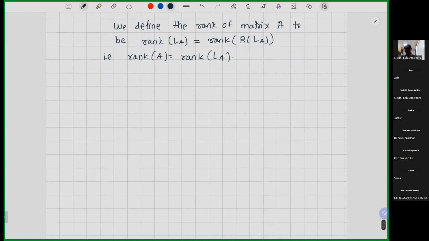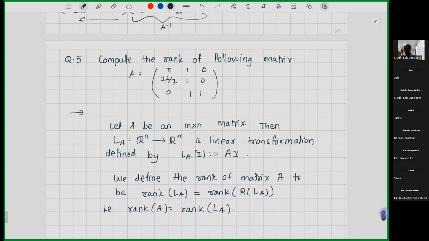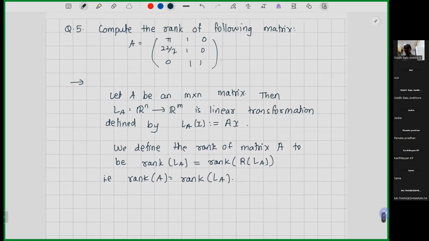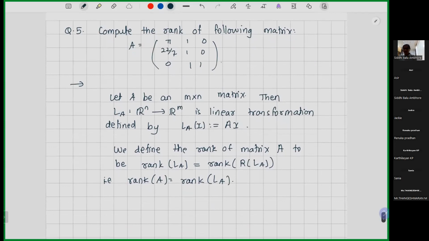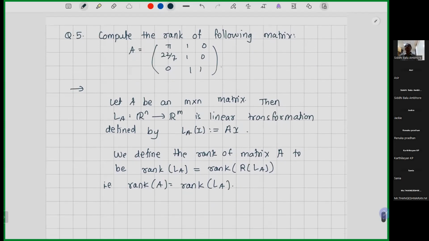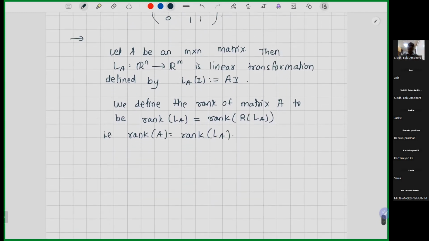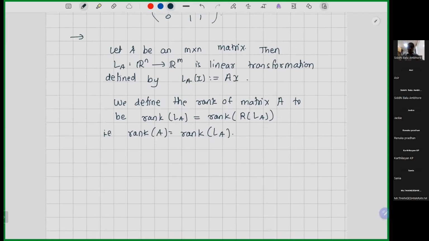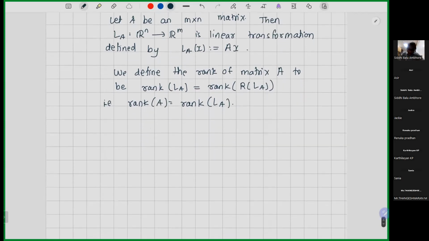I'm just going through the definition. Any guesses? Can you please explain that LA? What exactly is it? It is a linear transformation going from Rn to Rm, such that A is an M cross N matrix.